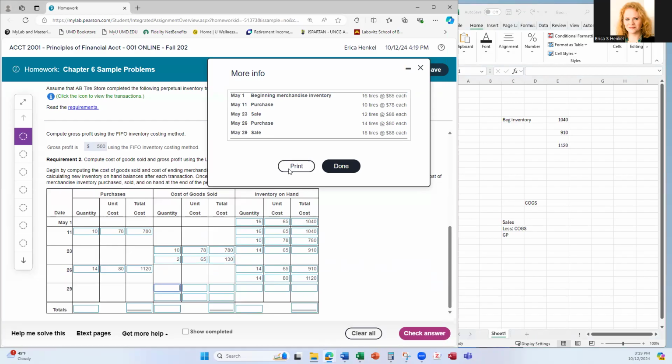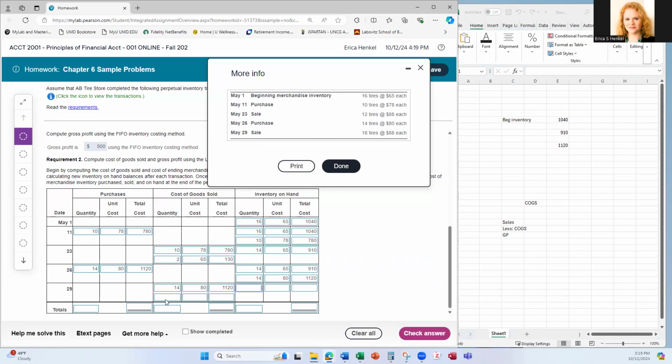Now, our last sale here on May 29th is 18 tires. That's, again, the sale price here, not what the cost of those tires was. But we're selling 18 tires and we want to start on this bottom layer. So we're going to sell 14 tires, our most recent purchased ones.